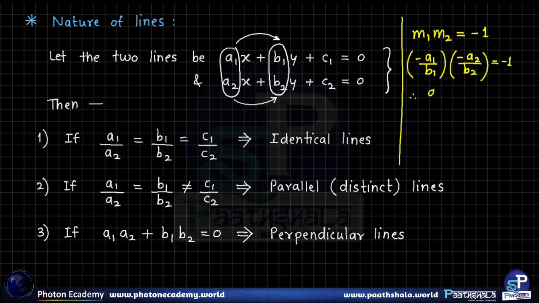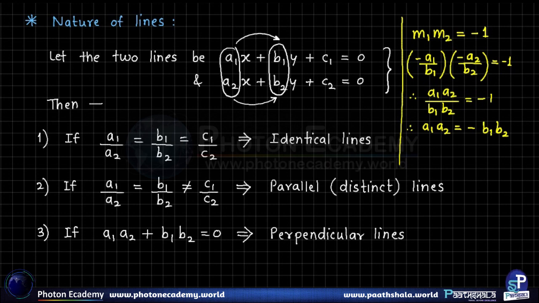So multiplying, we have a1 a2 upon b1 b2 is equal to -1. Cross multiplying, we get a1 a2 is equal to minus b1 b2, and hence bringing the minus b1 b2 term to the left side, we get the condition that a1 a2 plus b1 b2 must be 0 for lines to be perpendicular, right?